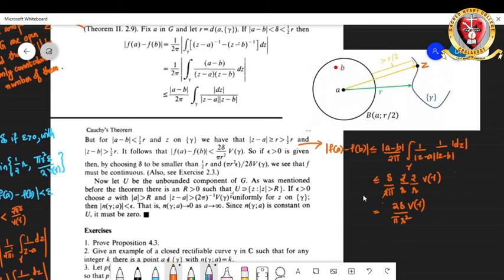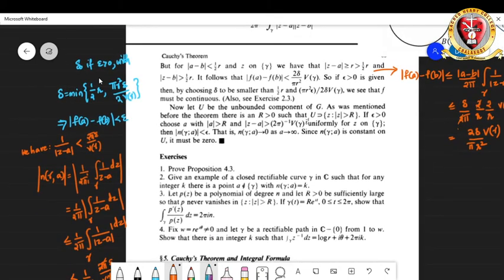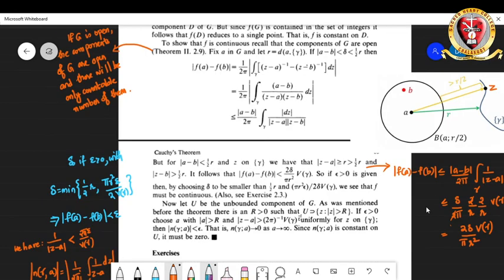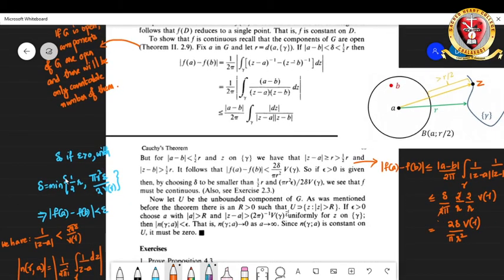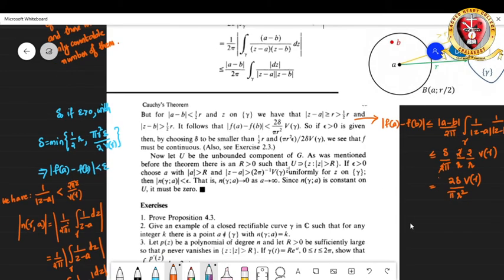So from there we get that for epsilon strictly greater than 0, the delta which we chose is the minimum of r by 2 and pi r square epsilon by 2 V of gamma, and we get that modulus of f of a minus f of b is strictly less than epsilon. That is, it satisfies the necessary conditions.